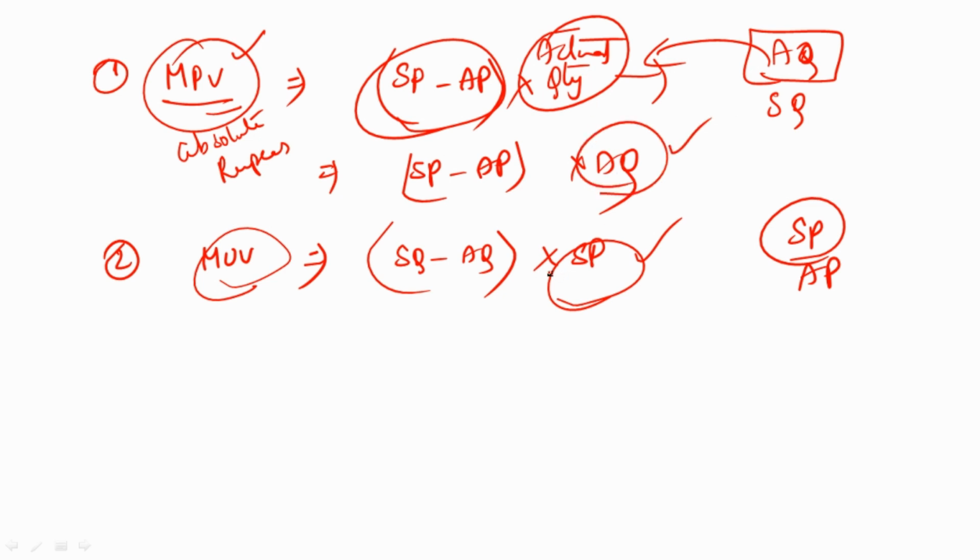Now, there's a simple logic behind that. See, standard price is a more reliable number when compared to actual price. Are you able to get me? Because standard price is not affected by temporary fluctuations, whereas actual price is affected by temporary fluctuations. Standard price is something that has been set by you. You will set the standard after doing a lot of research and analyzing a lot of things, and therefore it is not affected by temporary fluctuations.